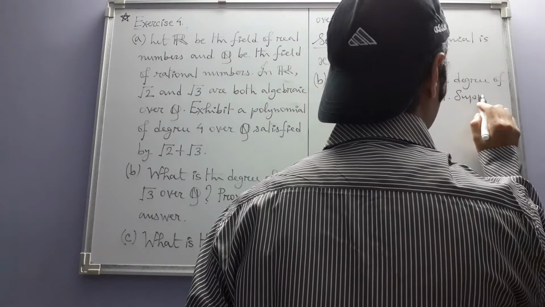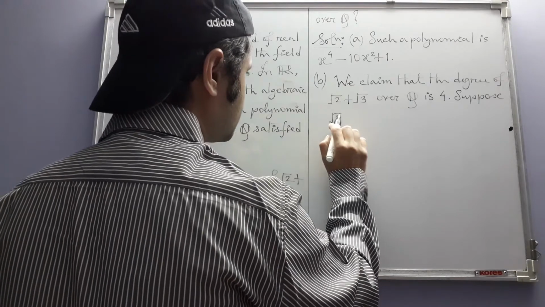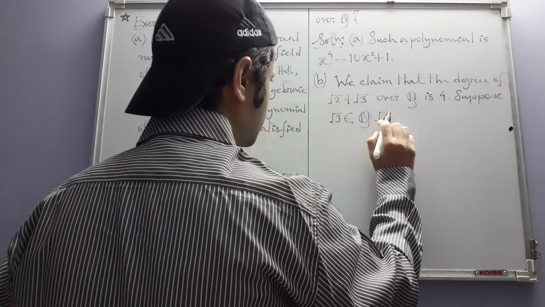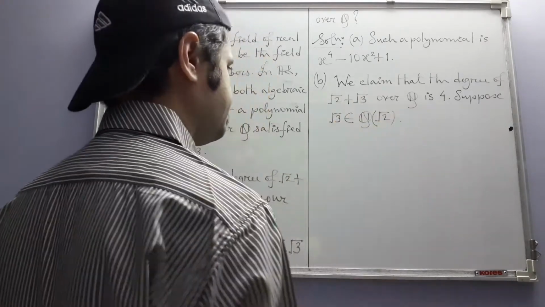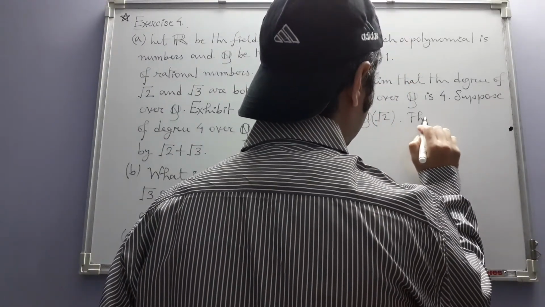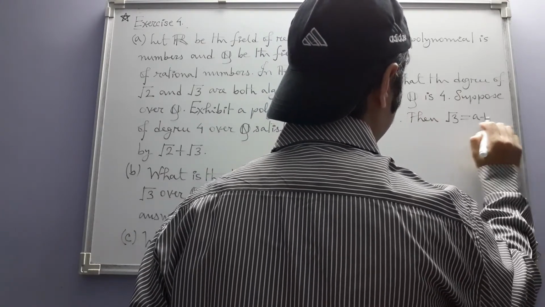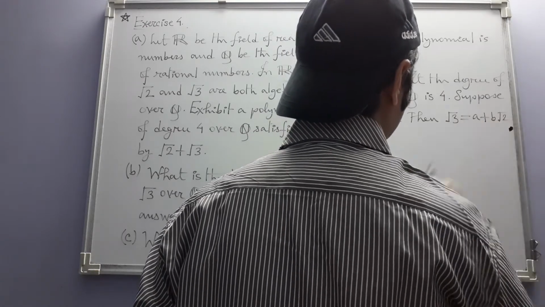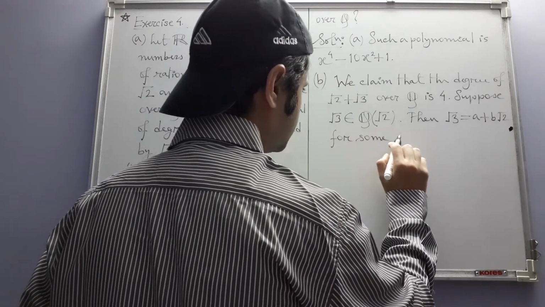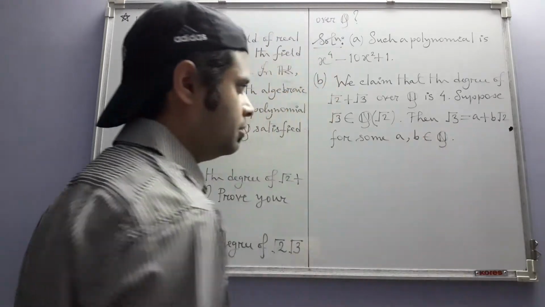Suppose square root of 3 belongs to this extension of Q. Then square root of 3 is equal to a plus b times square root of 2 for some rational numbers a and b.